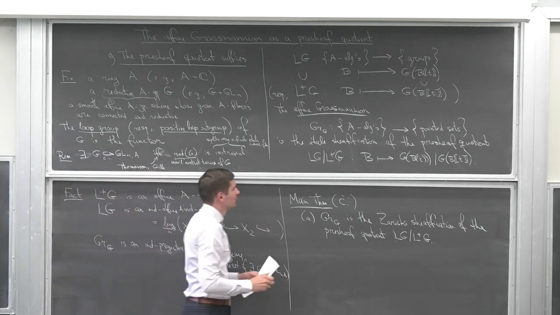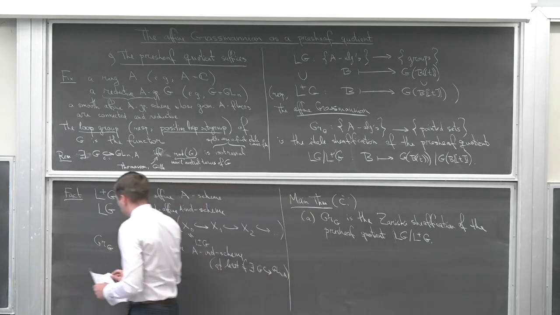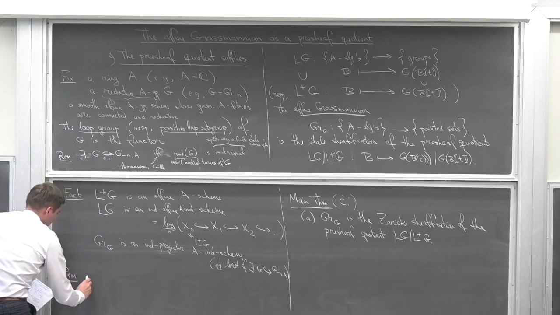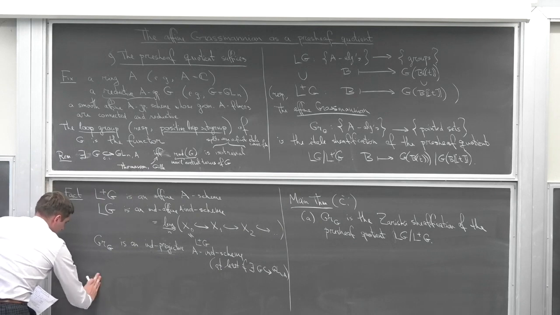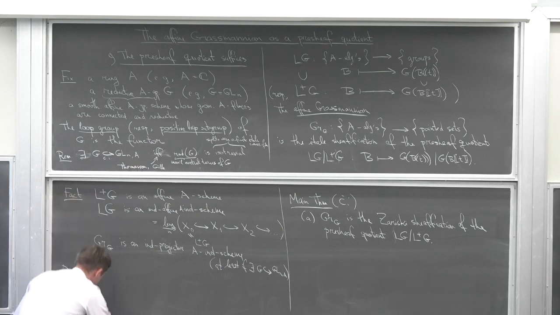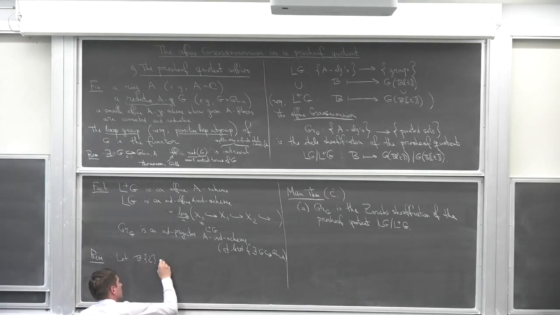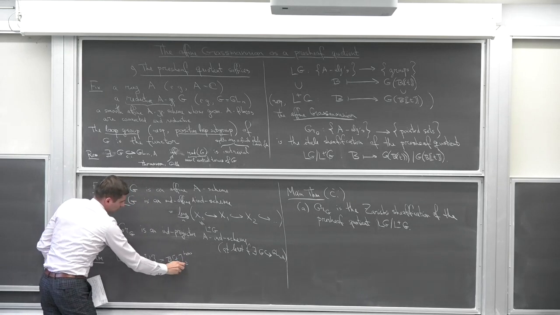Okay, so let me make this remark. Actually, one can. Let B{{T}} be defined as the Henselization, with respect to the ideal (T), of just a polynomial algebra B[T].